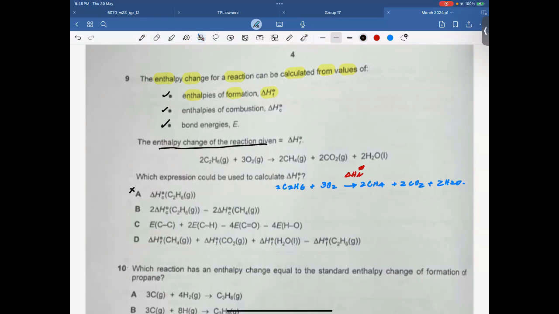Let's suppose if I use the combustion, it will turn to the next side and equals combustion of ethane. Methane, so value needs to be multiplied by 2. So standard enthalpy change of combustion of methane. All right.